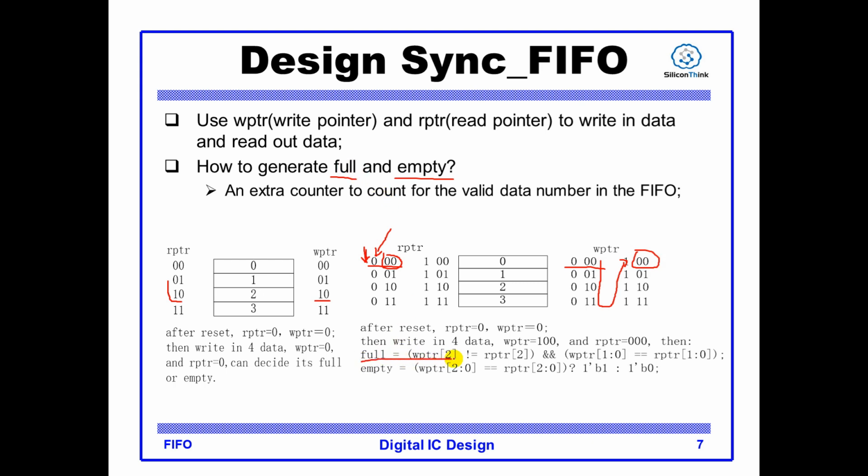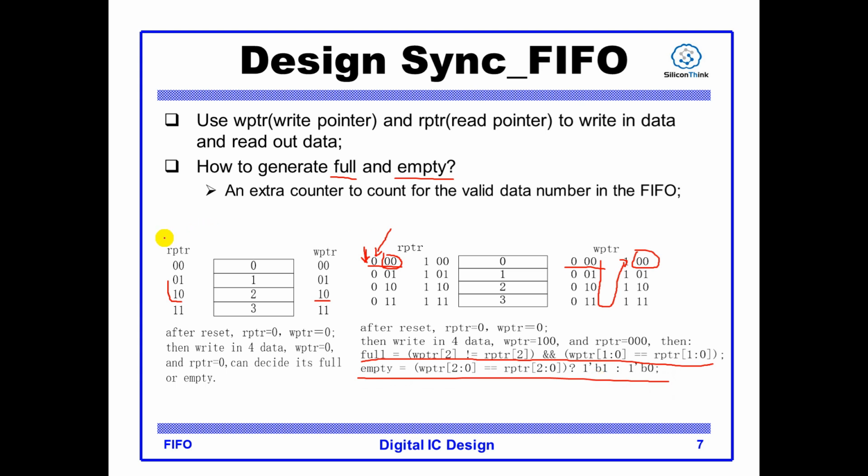So this is the equation. Different at MSB and the same for LSB. And for empty status, if all the bits are equal, you are in the empty status. This is obvious.